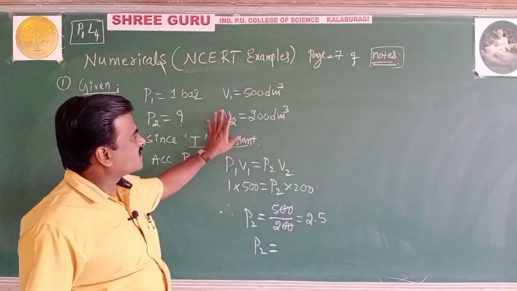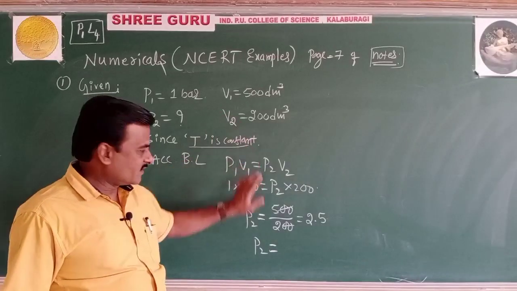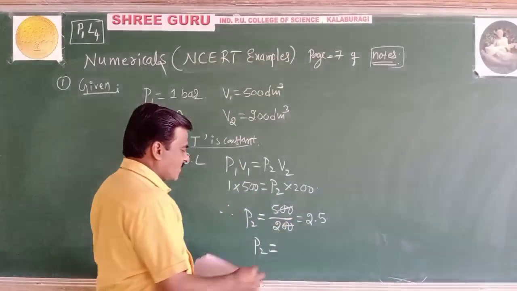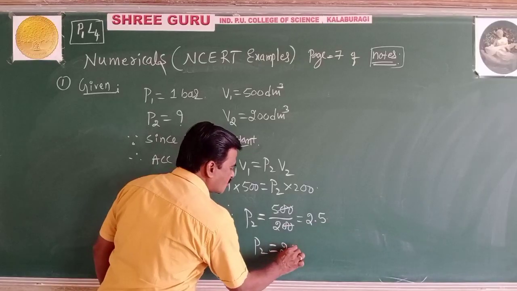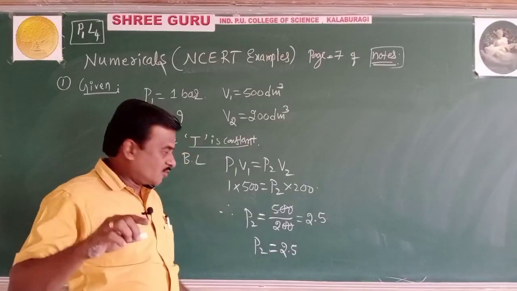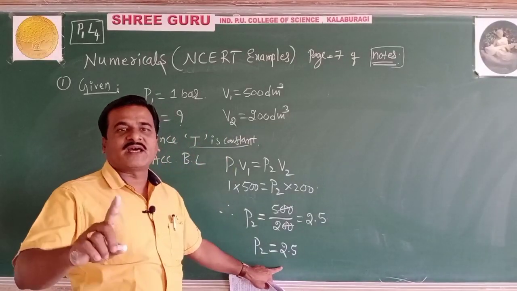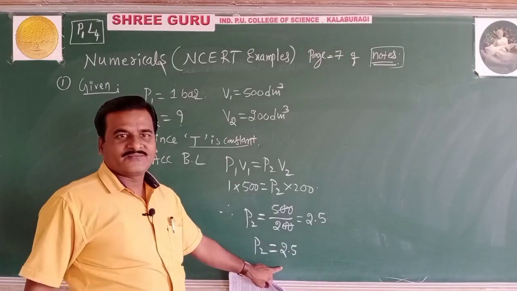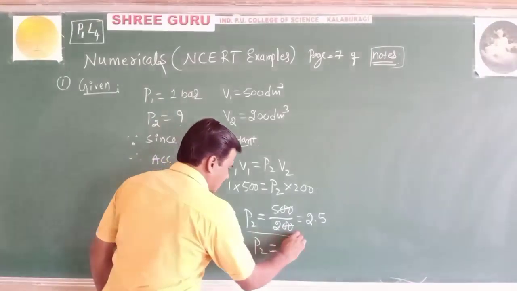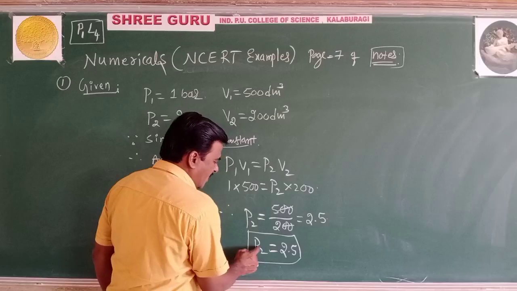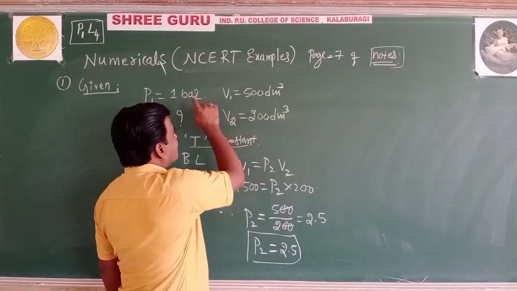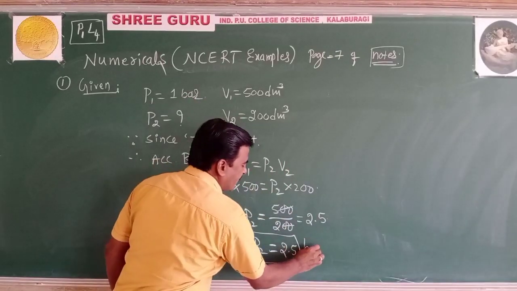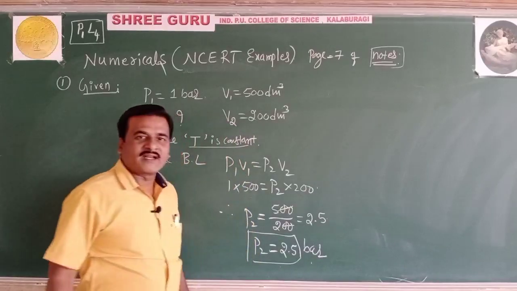If you forget to mention the unit as per the norms of the board, 1 mark will be deducted. Suppose this appears for 2 marks, and you write P2 equals 2.5 only, though your answer is correct, 1 mark gets deducted. Since the pressure is given in bar, the final unit is also bar.